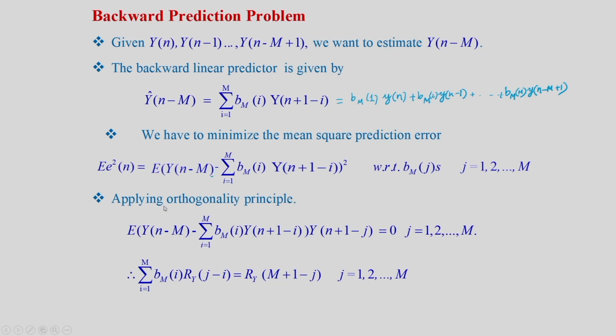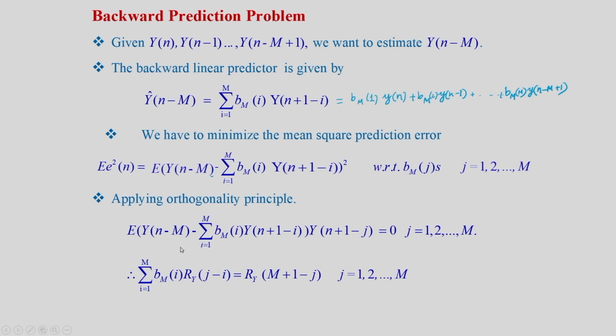Now, we can apply the orthogonality condition: E of y[n minus m] minus summation b_mi into y[n plus 1 minus i], i going from 1 to m, this is the error expression, into y[n plus 1 minus j] must be equal to 0 for j equal to 1, 2 up to m.